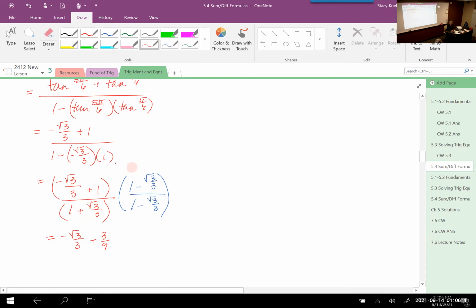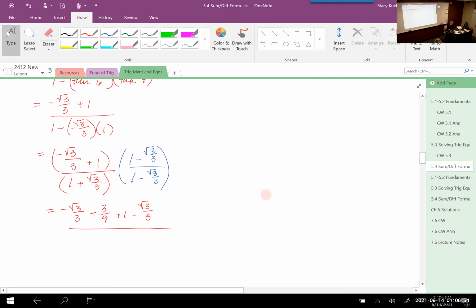Yes, shake your heads if you see that. Now the inner would be +1, and the last would be minus the square root of 3/3. That's the numerator so far. The denominator is going to be the first term squared minus the last term squared. When I multiply those together, I get 3/9, which is 1/3, and I'll simplify that in a second.